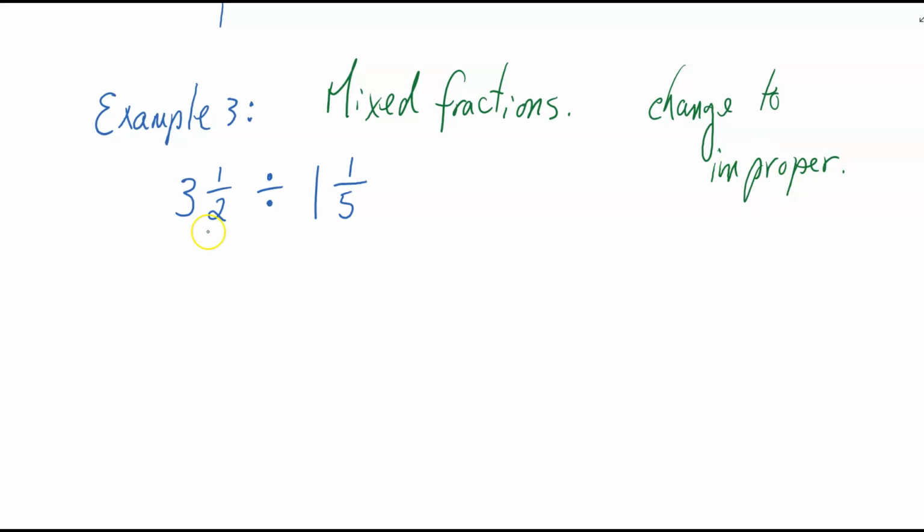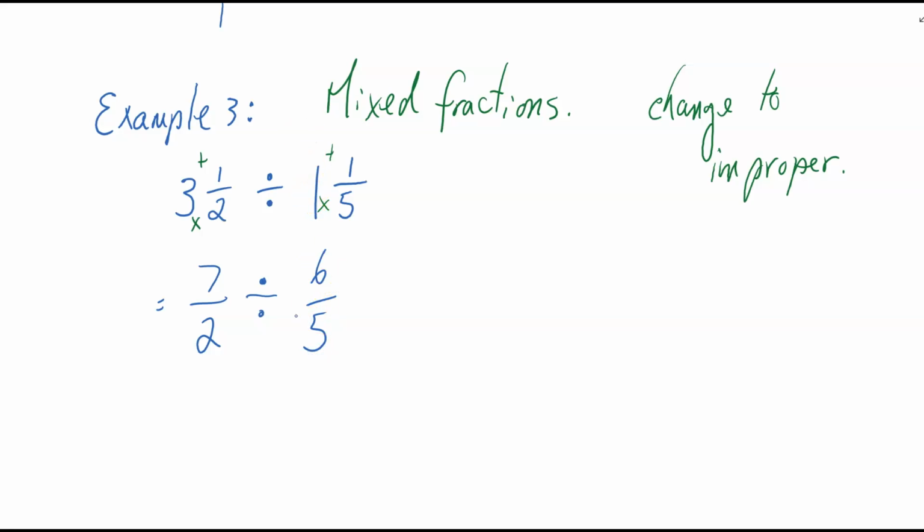That is 2 times 3 plus 1. This gives me 7, and keep it in halves. And let's just keep it as a division for now. And we will do 5 times 1 plus 1. So 5 times 1 is 5 plus 1, so 6/5.